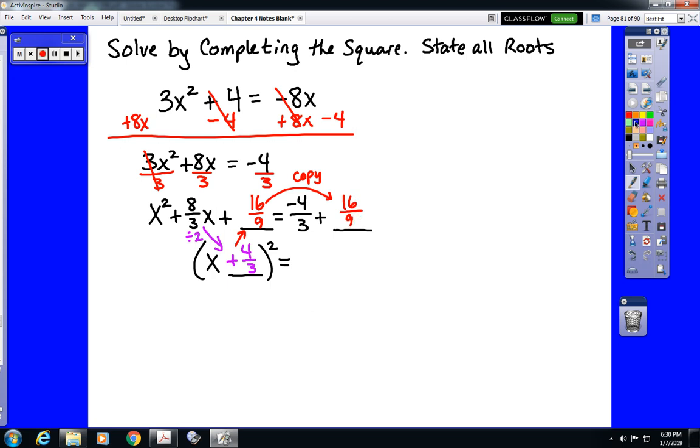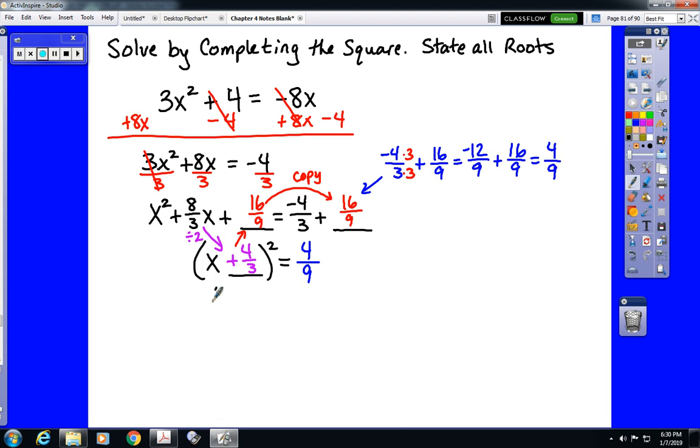Now again, when we put this in the calculator, it's going to say, oh, negative 4/3 plus 16/9. I need a common denominator, and it's going to get one by multiplying the bottom and the top of the first fraction by 3, which would be negative 12/9 plus 16/9, or 4/9. So this is equal to 4/9.